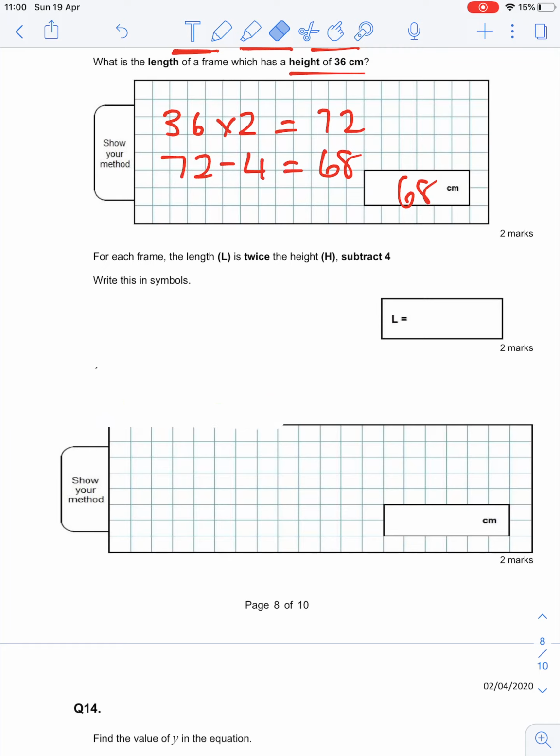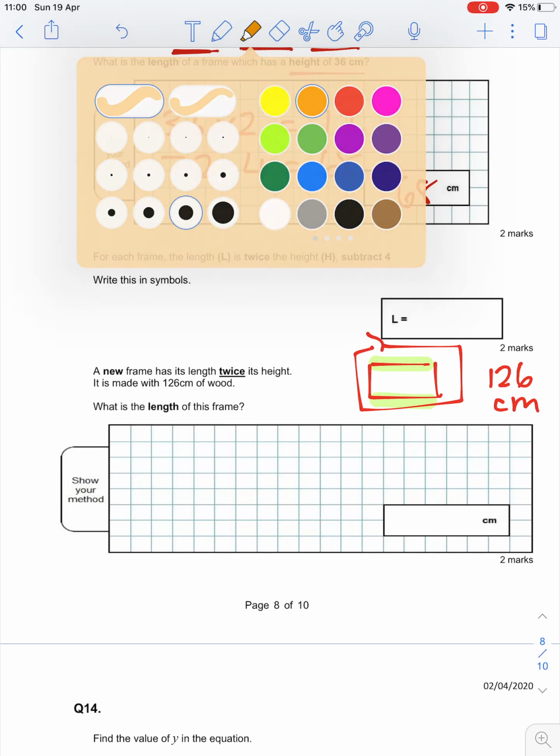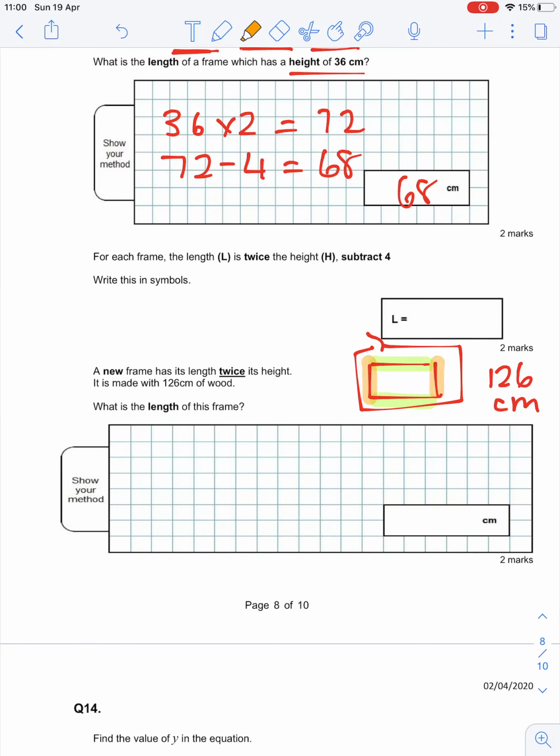Okay, so if we think about the frame, here's the frame, and the perimeter all the way around it is 126 centimetres. So if I think about that, I've got 2 lots of this one and 2 lots of that one equal 126.